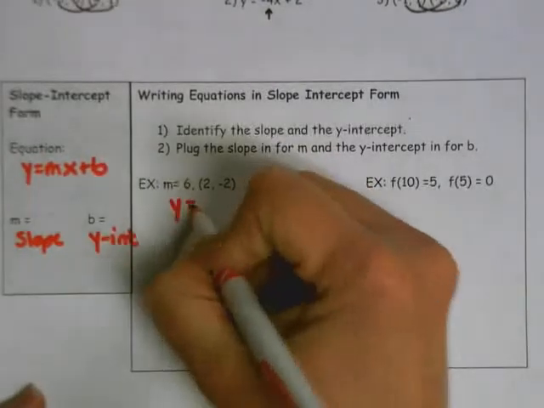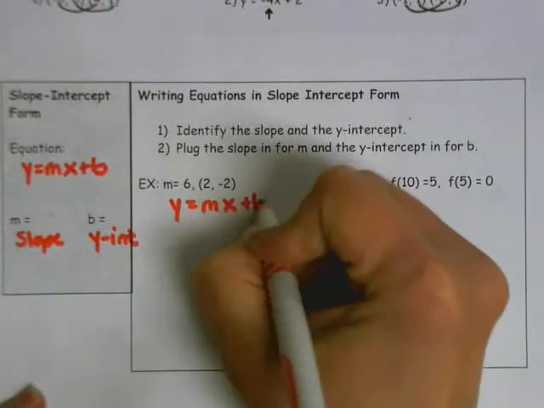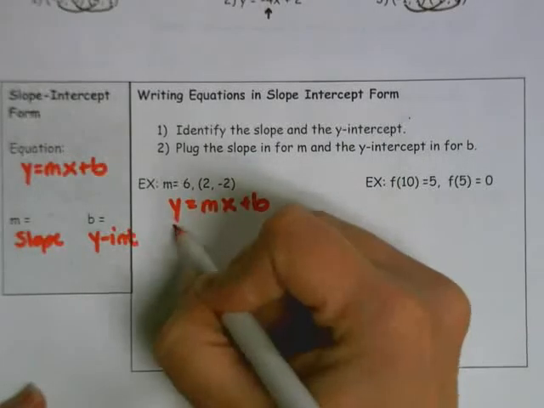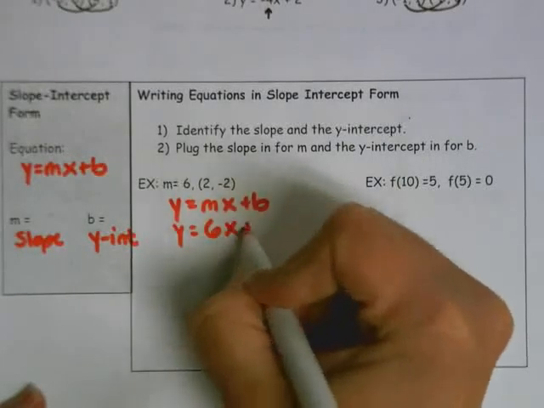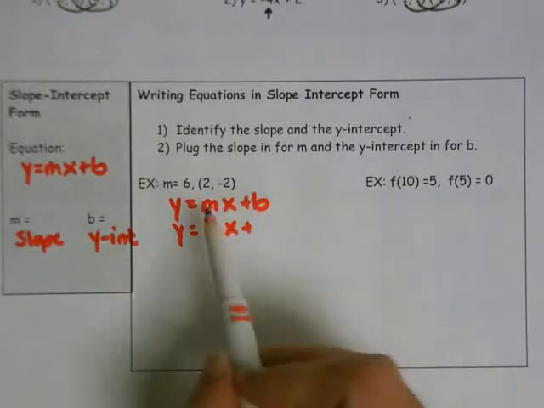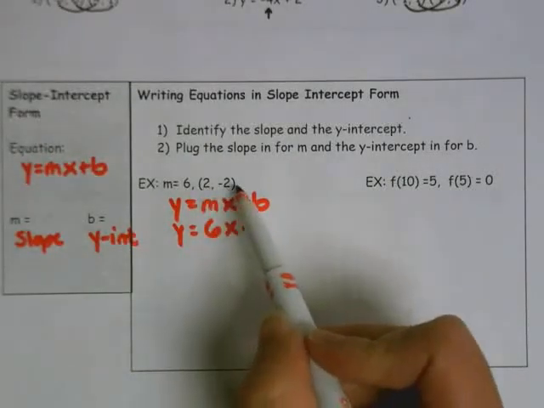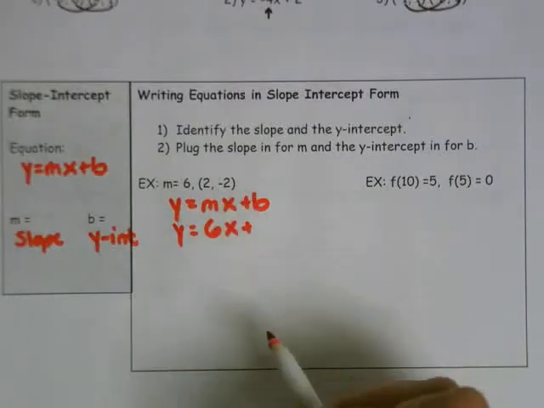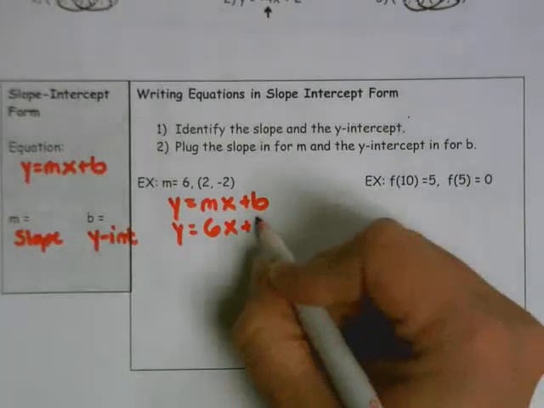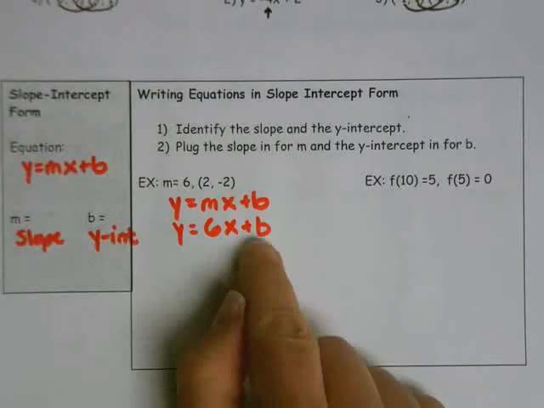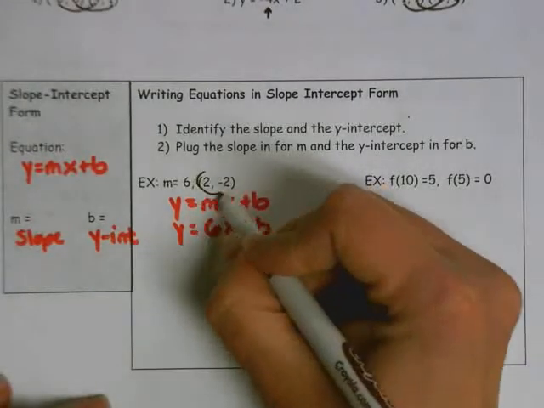Do we know the slope? Do we know the m? Yeah, it's 6. We can put that in there. Do we know the b? Do we know the y-intercept? No. If this was like 0, -2, it would be a y-intercept, but 2, -2 is just another point. So we don't know the b. The b is still an unknown. We've got to figure out the b, and we're going to use this information right here to do it.